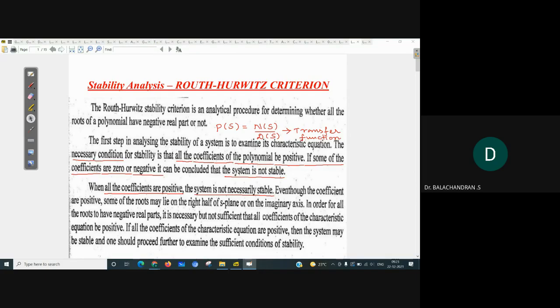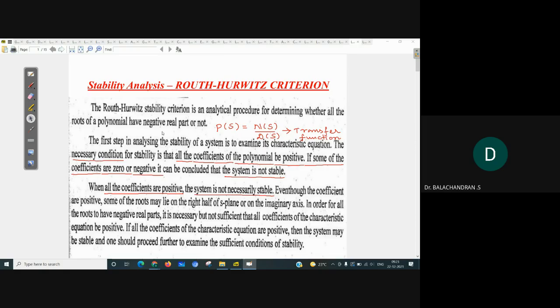The stability analysis, I think electrical students, EEE, ECE and E&I students, will study this stability analysis in the third semester. But this is something as an application part, application of theory of equations.